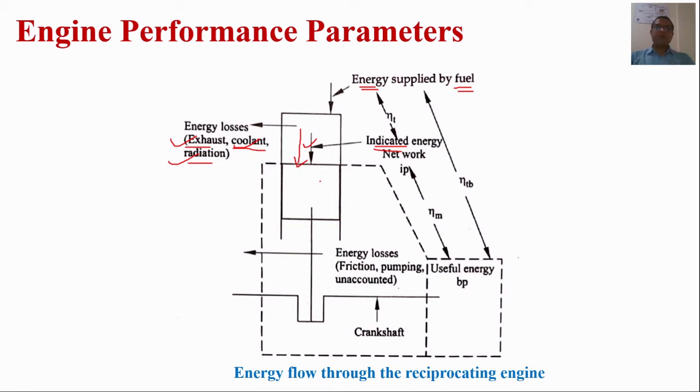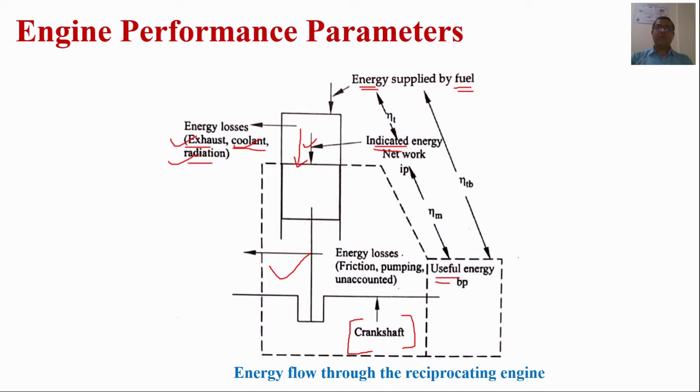The movement of the piston is transferred to the crankshaft through the connecting rod, and you will get the useful power at the output of the engine. But here it should be remembered that during transmission of indicated power from piston to crankshaft through the connecting rod, there are many mechanical components.